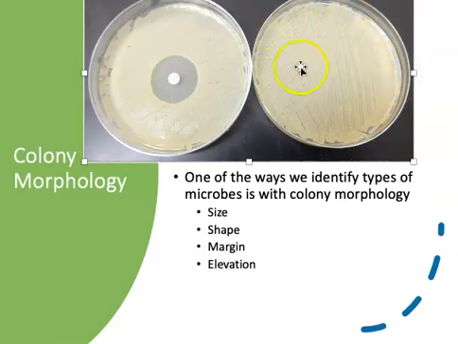This is what we would refer to as a lawn of bacteria. There are so many cells growing on the surface of this plate that rather than seeing these individual colonies, instead we just see this whole confluent mass of material growing.